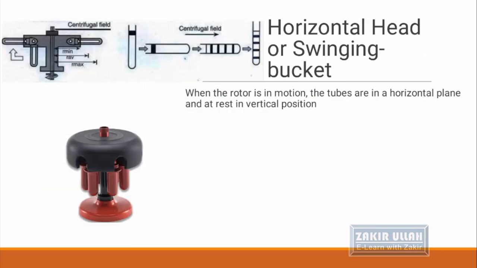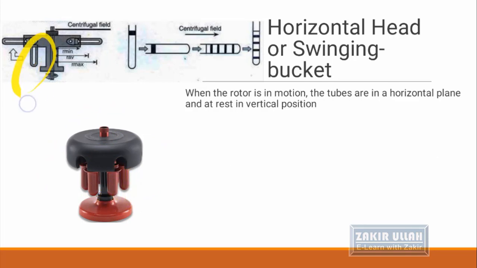Now coming to the horizontal head or swinging bucket centrifuge, this is a type of centrifuge in which, when the rotor is in motion, the tubes are in a horizontal plane, and at rest they are in a vertical position. This is the resting position in which the test tubes are vertical, like in this case.